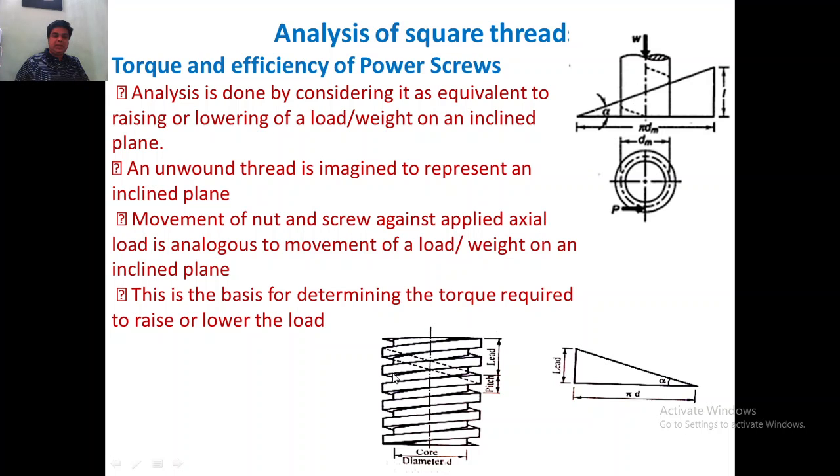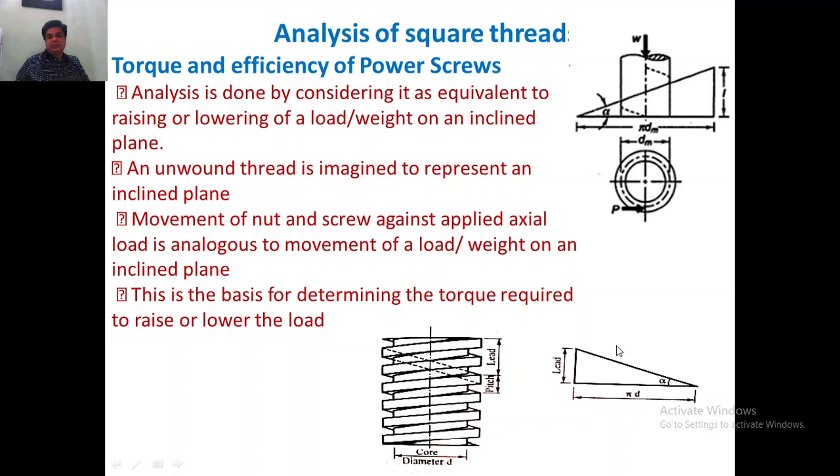So this is just an analogy. So we are analyzing the square thread or the power screw with respect to the development. We develop this particular cross section of the thread and we get this triangle here. So this is the inclined surface.